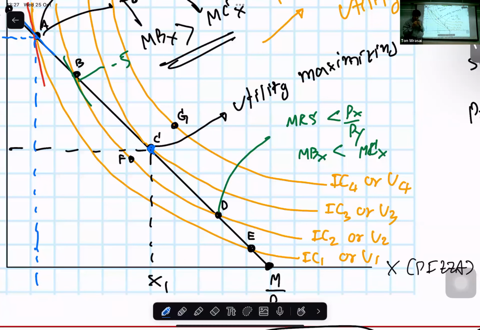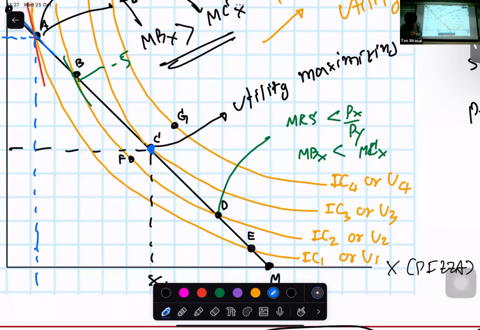You can see that if this guy is so stupid, if he trades more, he will fall to a lower indifference curve, walking away from point C. No, he will not do this. Then he stops here. Stable equilibrium is here. No incentive to trade more or trade less.